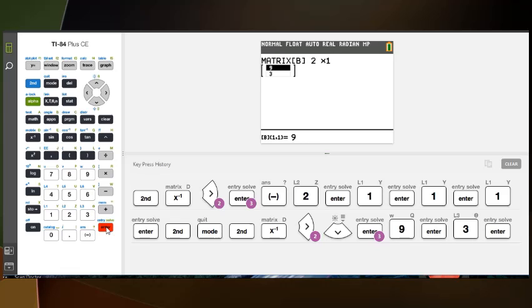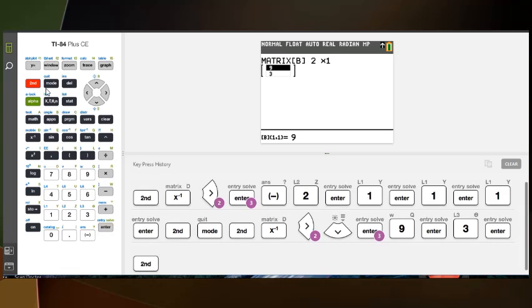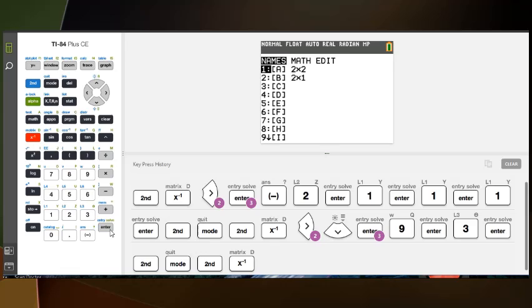Now I'm going to hit second quit again. This takes me to my regular math screen, and I'm going to hit second matrix and choose matrix A. I'm not going to scroll over, I'm just going to hit matrix A.